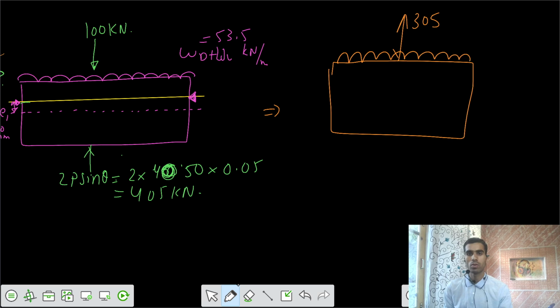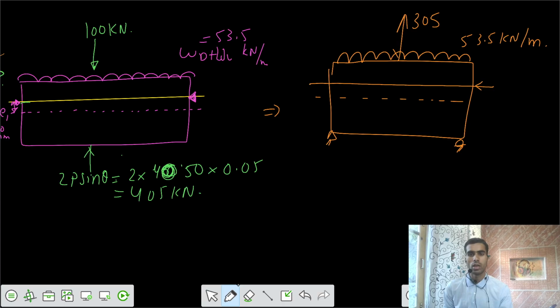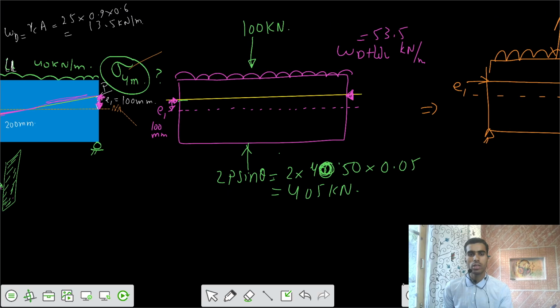And we are having some UDL downwards, a downward UDL of 53.5 kilonewton per meter, on a simply supported beam, and we have a cable with an eccentricity of E1, and the cable has some force P. Whether this value is P, or we can take it as P cos theta. What do you think?